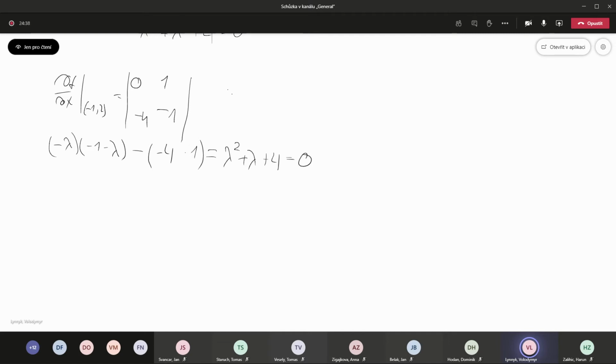It's the same as here, and this equilibrium point is stable.